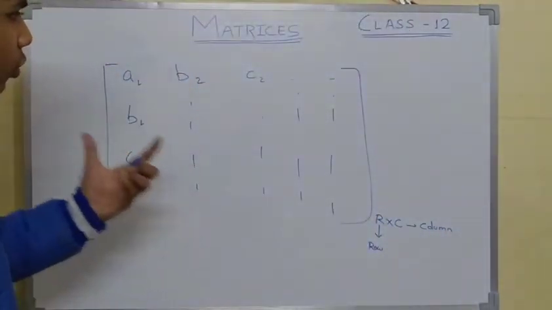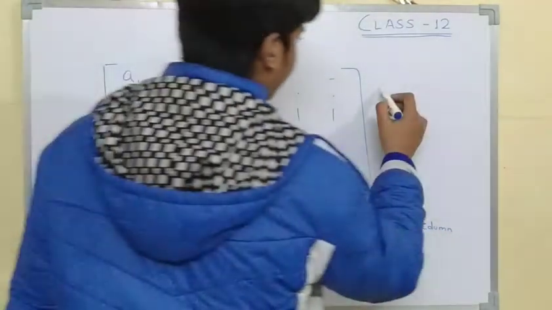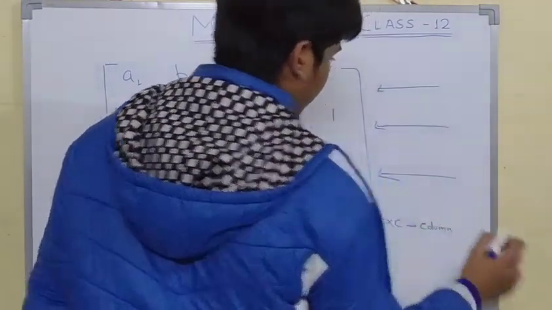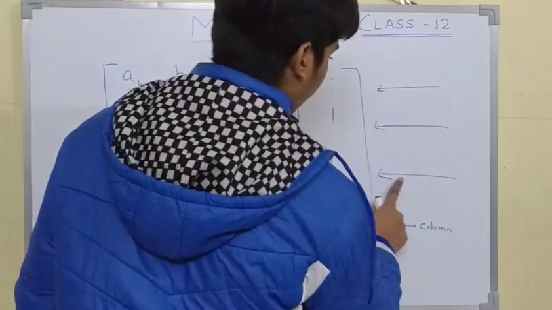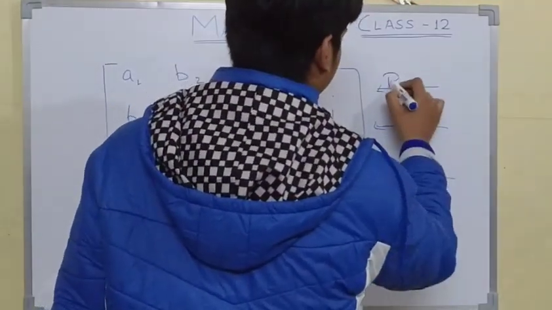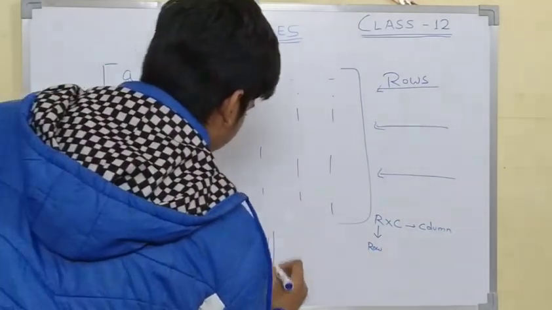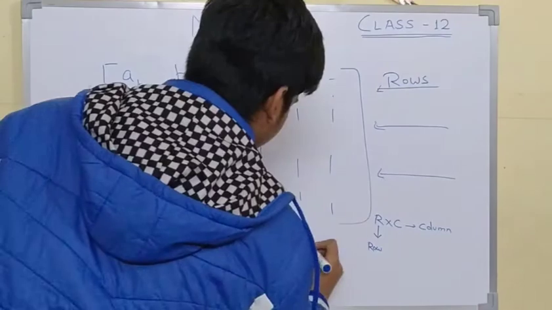Now what is a row and what is a column? These horizontal lines are rows. Now if we take these vertical elements, these are columns.